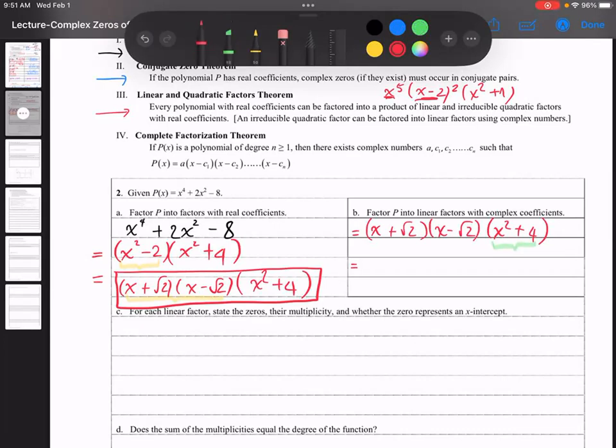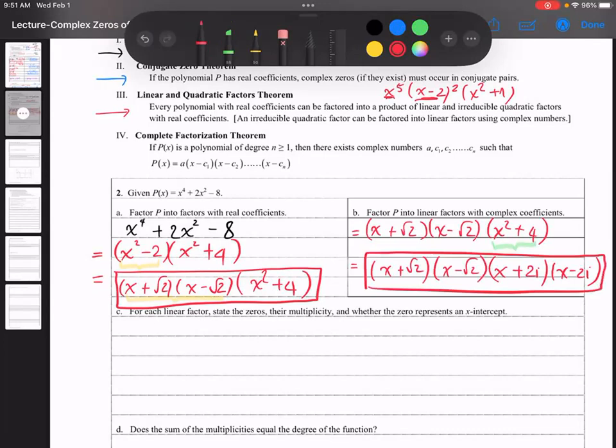So here I can expand it as x plus 2i, x minus 2i, and then bring down the rest. Okay, nicer. So you understand when they ask you to factor in real coefficients versus complex coefficients?